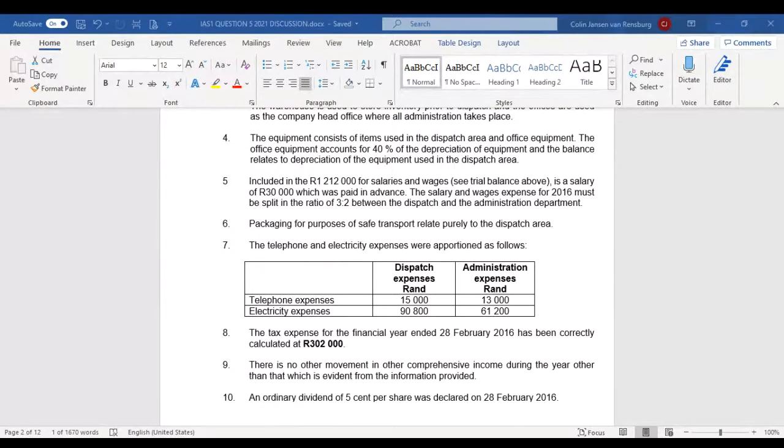Because it doesn't relate. It didn't occur. Remember, Mrs. Moore and Mr. Bormans used that word last week. It didn't occur this year. Therefore, we are not going to recognize it as an expense in this financial year, which means we have to go and exclude it. We'll have to do a little journal entry for that one.